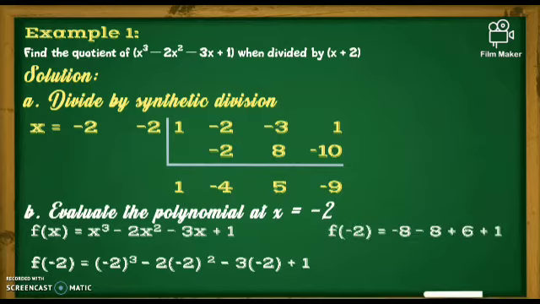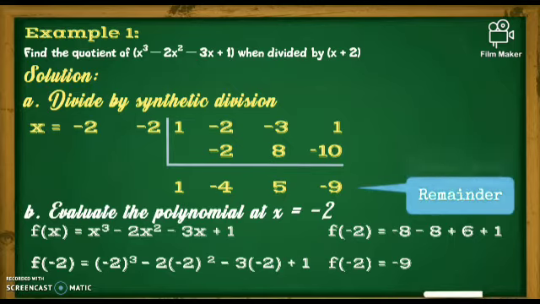Evaluate. f of negative 2 is equal to negative 8 minus 8 plus 6 plus 1. Simplify further. f of negative 2 is equal to negative 9. So negative 9 is what we call the remainder.